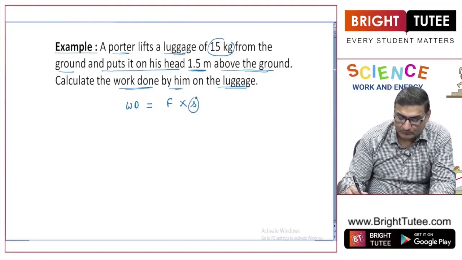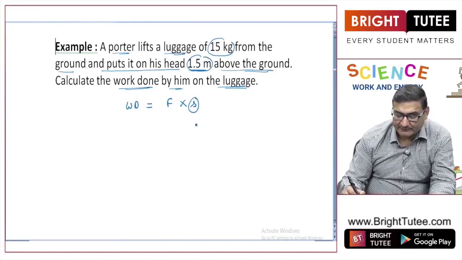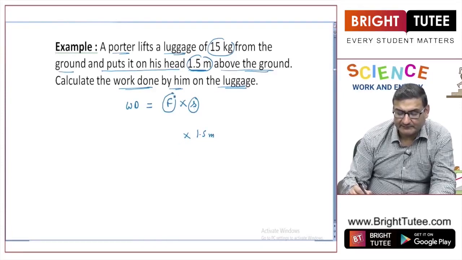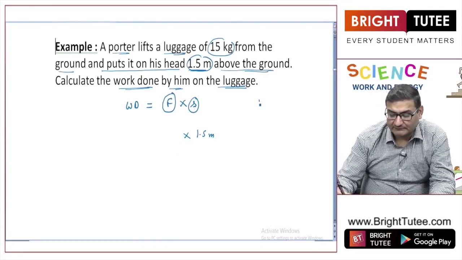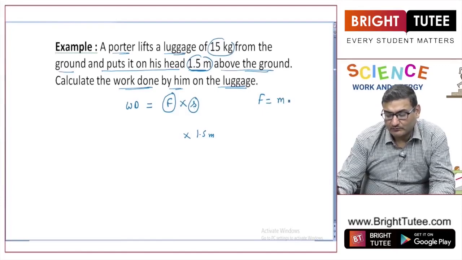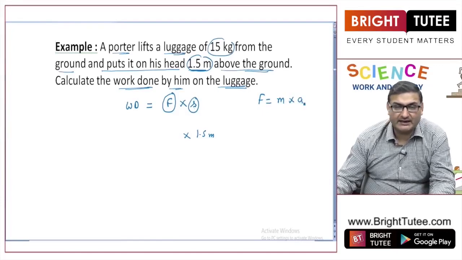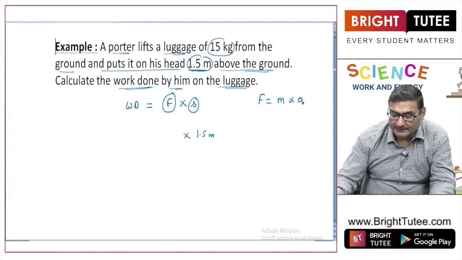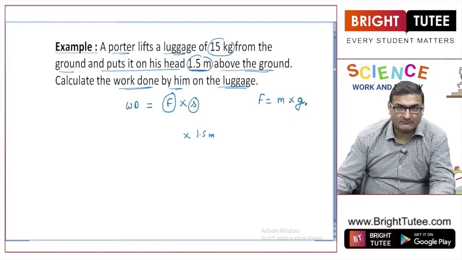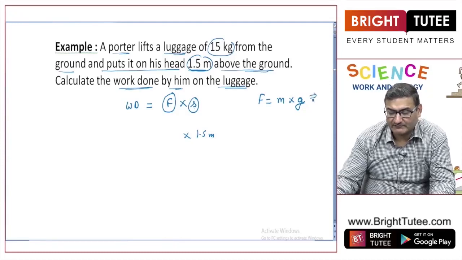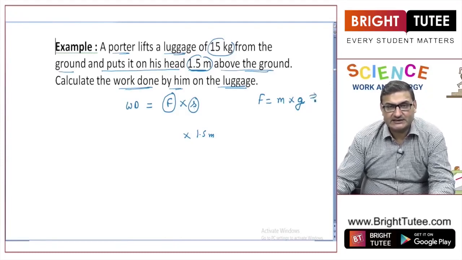The distance moved is 1.5 meters, that is given to us, right. But we are not provided with the value of force. Now, we know that force is equal to m into a, or m into acceleration due to gravity. This is as per the second law of motion, and we have related this formula in the gravitation chapter.